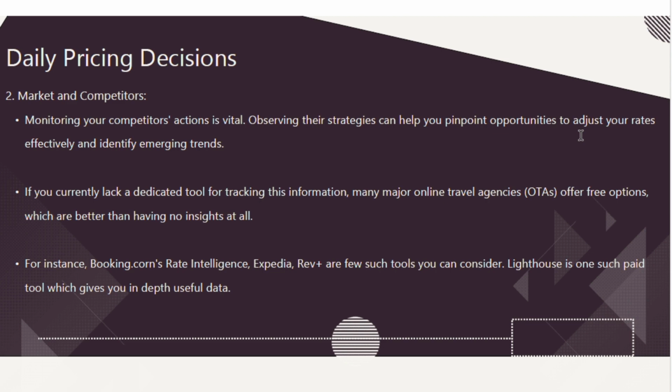By observing their strategies, you can see the opportunities where you have to adjust your rates, and you'll also have an understanding of the emerging trends, because the person working for your competitor hotel is also keeping an eye on different events, and they might have, for example, some large group which you are not aware of.